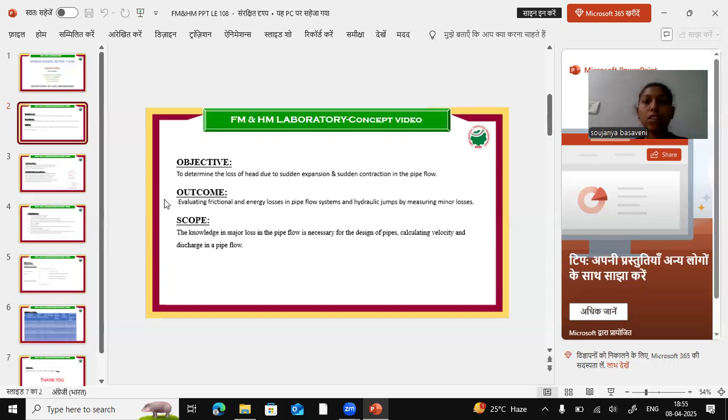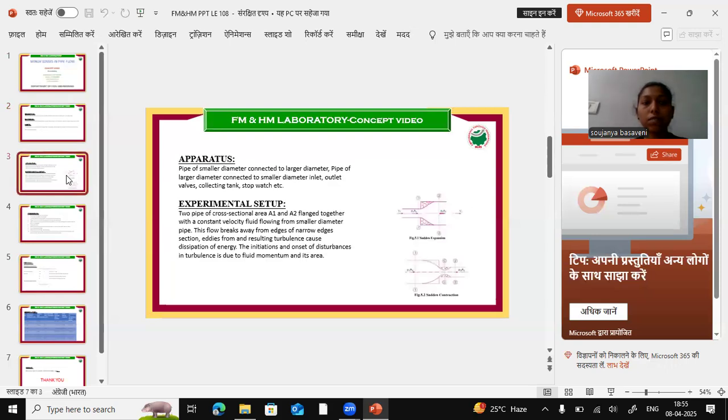First of all, what are sudden expansion and sudden contraction? Sudden expansion is the loss of energy when the pipe cross section suddenly increases, and sudden contraction is the loss of energy when the pipe cross section suddenly decreases.